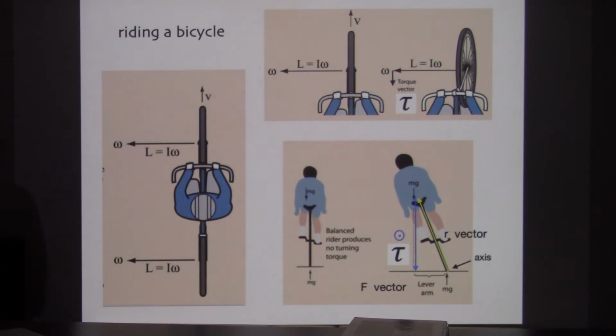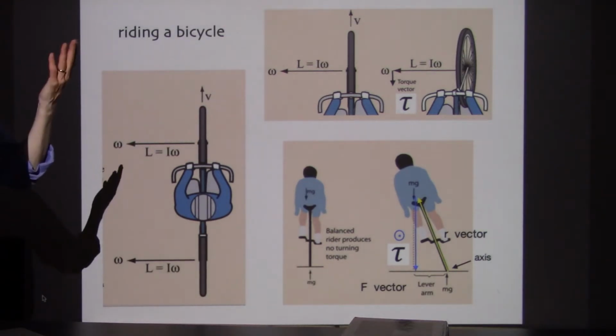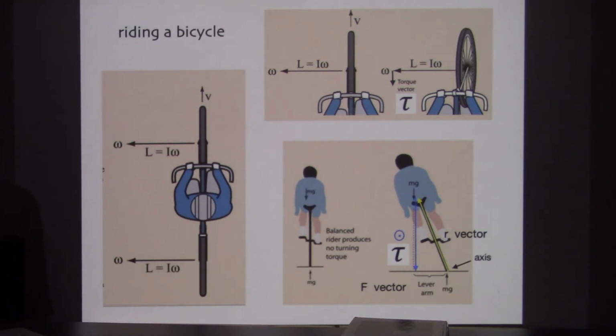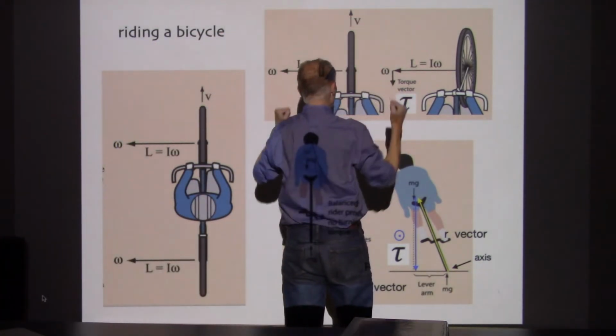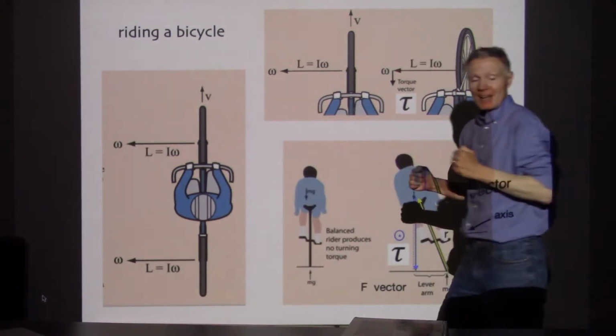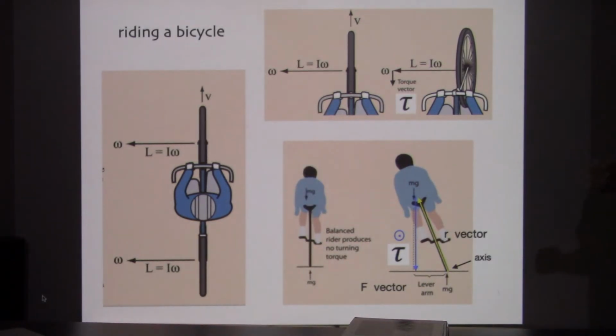You guys know that. As you go faster and faster, you can take your hands off the handlebars, right? Because there's enough angular momentum built up. And even with your hands off the handlebars, I don't need my hands on the handlebar to turn. Because why? What do I do?